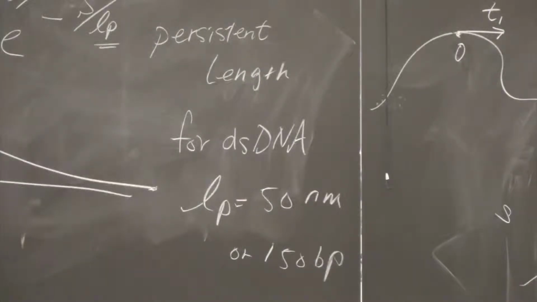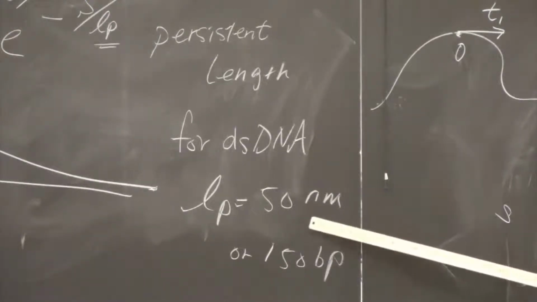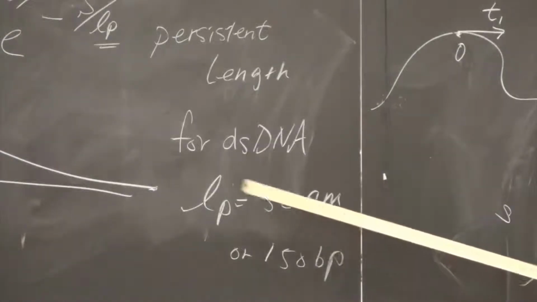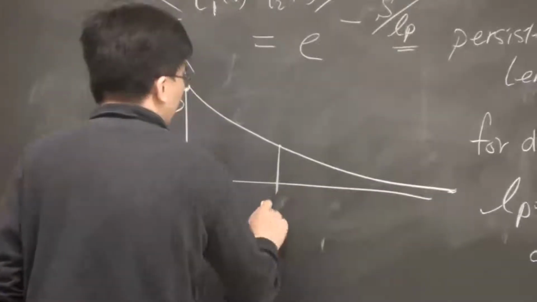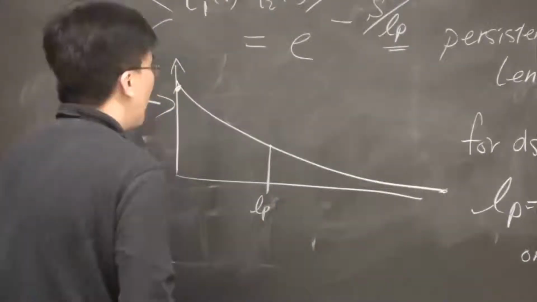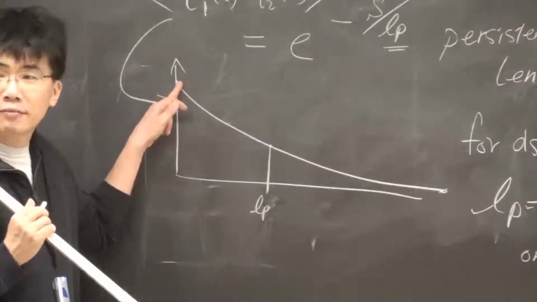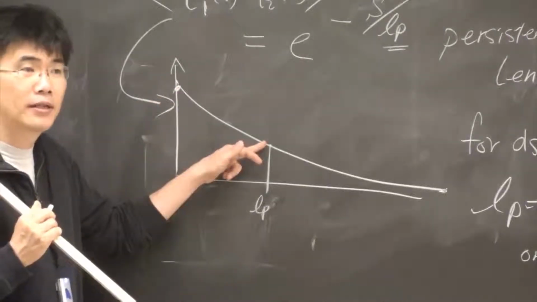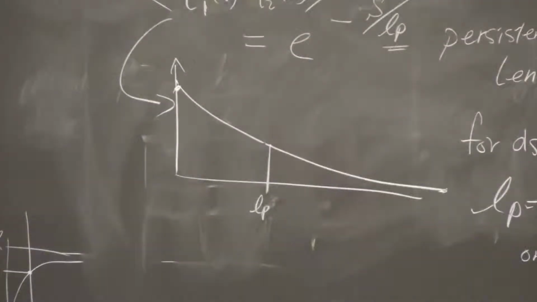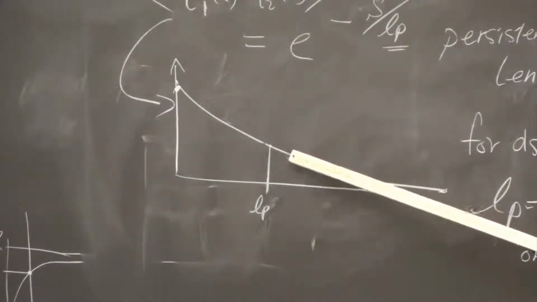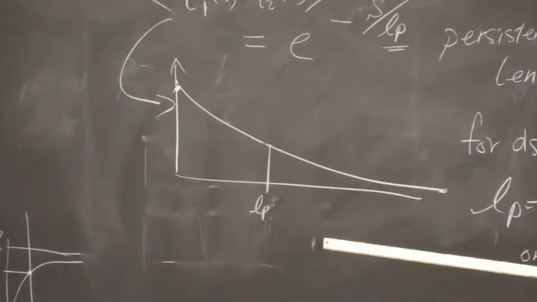That is actually the standard feature of comparing the two models. And intuitively, it kind of makes sense, because according to this model, if you go over 50 nanometers, right? Let's say this is 50, L_P, then you lose some orientation information, but not completely, right? So after going half the contour length, you lose a lot of the information about the orientation, but not completely.